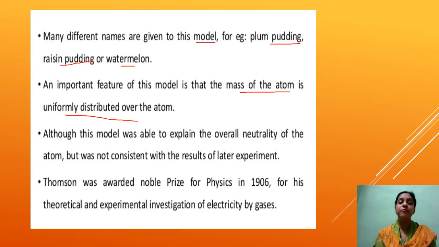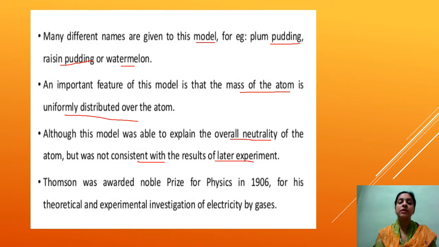Another feature of this model was that the atom as a whole is neutral, means the net charge on the atom is 0, but that was also not consistent with the results of later experiments. लेकिन इनके मॉडल पर जब बाद में experiments हुए तो वो consistency नहीं रही.